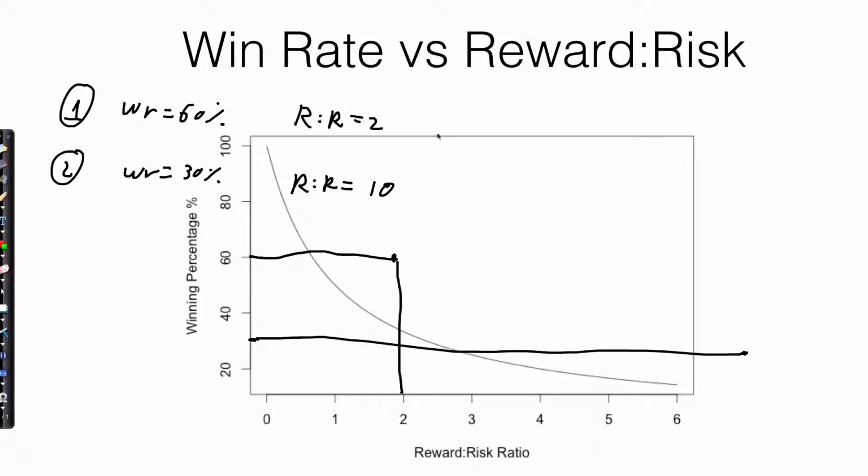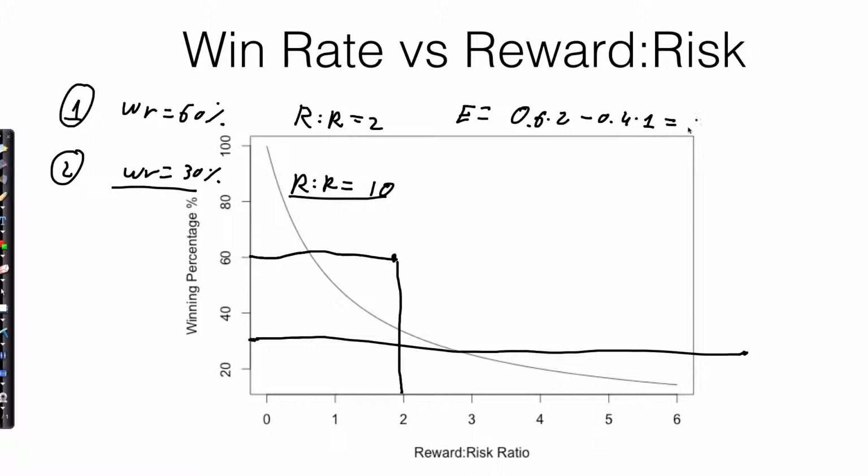Now, if you compute what is the best strategy in terms of return, if you compute the expectancy, so remember the formula we had before, this one should be better. Okay? Why? Well, if we do the computation here, we have 0.6 times 2, so 60%, and we win 2. And in the 40% of the case, we lose 1.